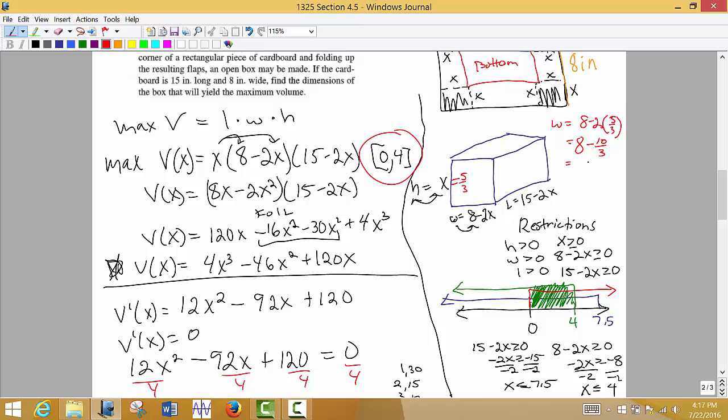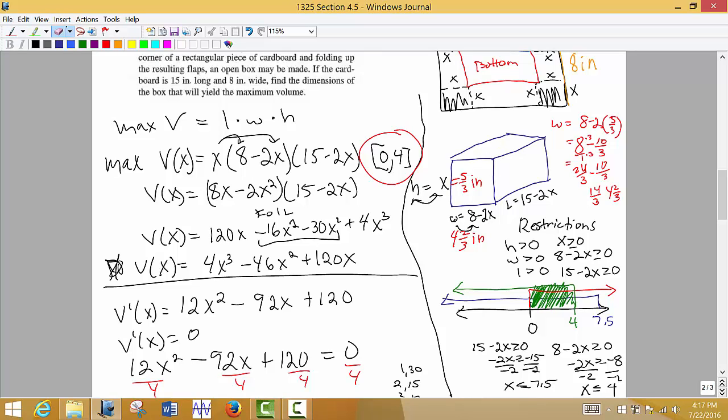Written with a common denominator, that's 24/3 minus 10/3, which is 14/3, and as a mixed number, that's 4 and 2/3 inches. So the width is 4 and 2/3 inches, and the height is 5/3 inches.